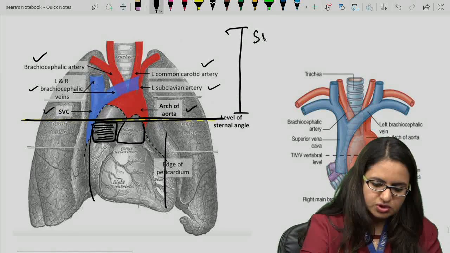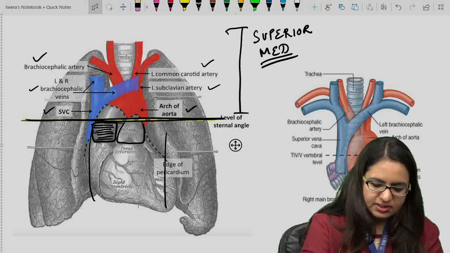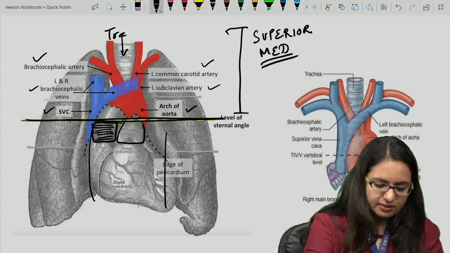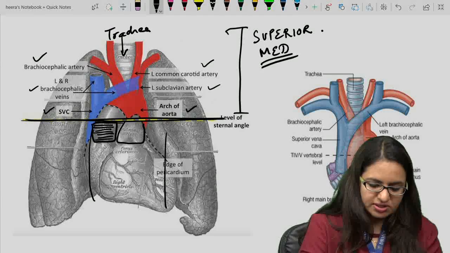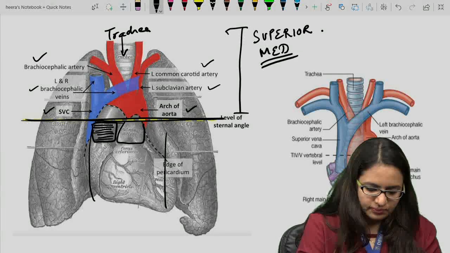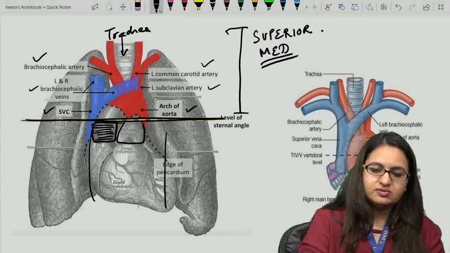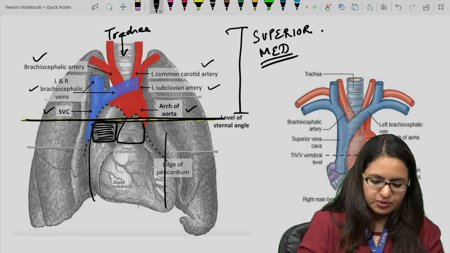Other structures are the trachea, the esophagus, and the thymus portion present anteriorly. Then the thoracic duct is also there. Among the nerves, the vagus nerve, phrenic nerve, sympathetic trunk and the cardiac nerves also form the content of the superior mediastinum.